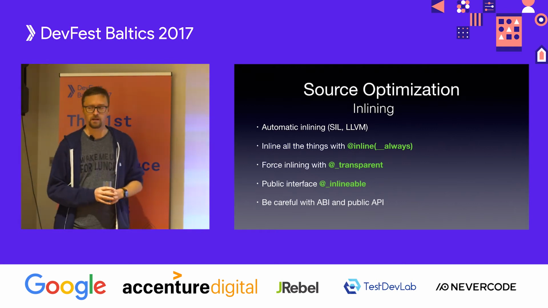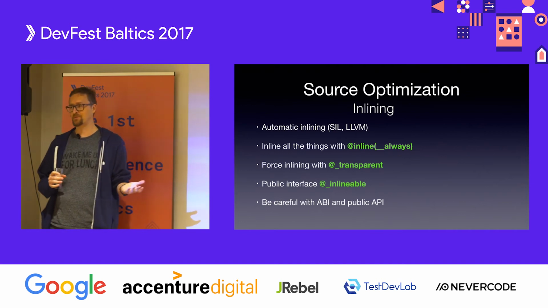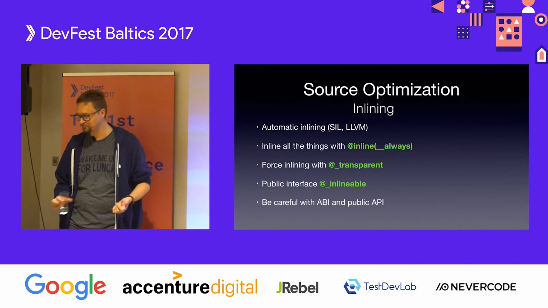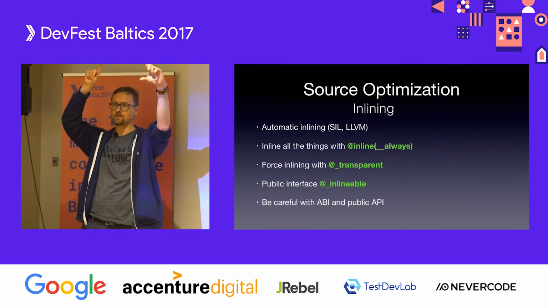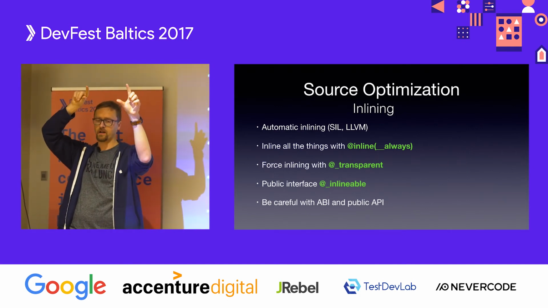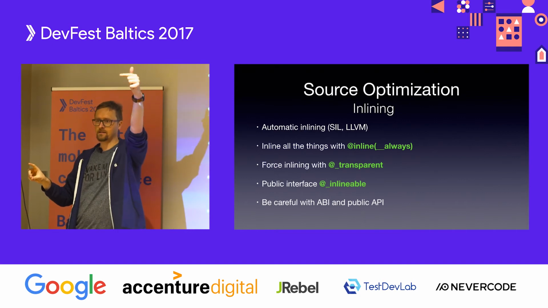There's a problem with inlining, though. Now we don't have that problem because we don't have an ABI. It's not much of a problem. But if this function, let's say this is a function from the library, right, or another file, goes into your code, and that function changes, what do you have to do?